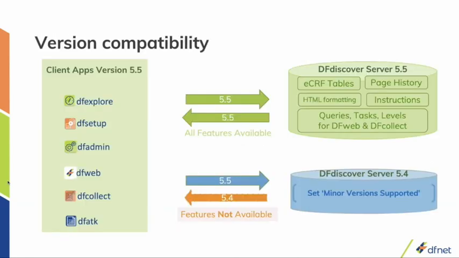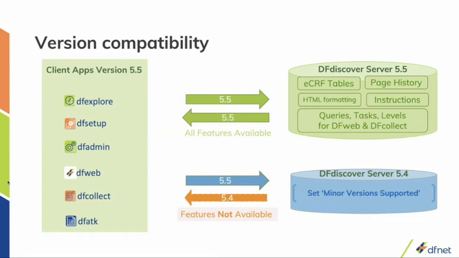In terms of version compatibility, new features in DFweb and DFcollect, such as queries, tasks, password reset via email, and e-signatures are only supported when connected to DFdiscover 5.5 or newer backend server.